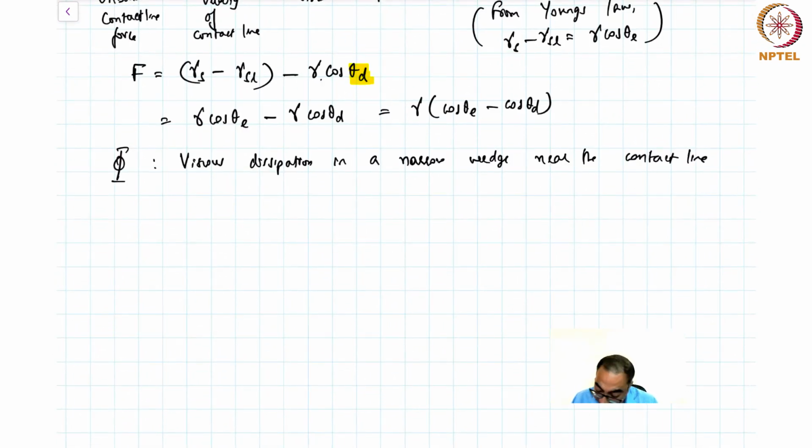So let's look at this. How do we estimate phi? The argument is as follows. Let's consider a simple flow inside a wedge. We've already seen in a few cases that the flow inside a wedge is given by a parabolic velocity profile.